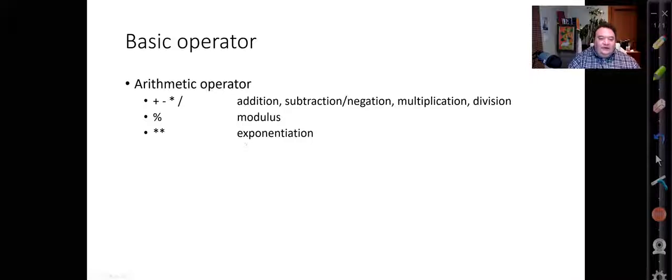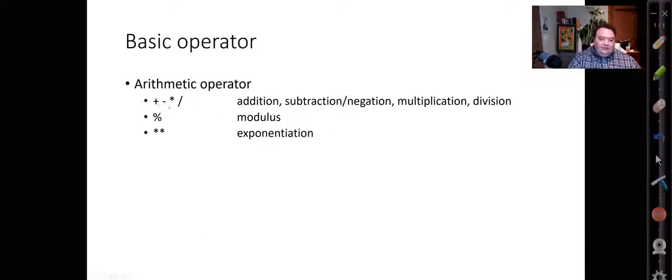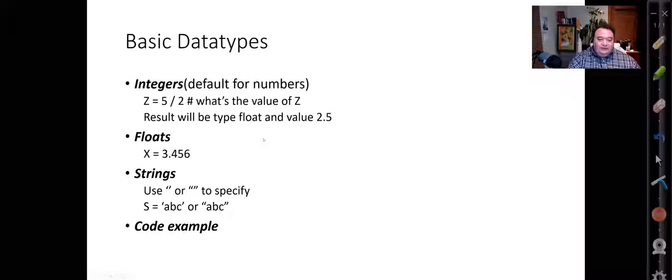So there are basic operators for mathematical calculations, and those are the typical plus, minus, asterisk for multiplication, and slash for division. There is also a double slash, which is a strict integer division. The modulus, and the double asterisk is the exponent, if you want to calculate an exponential.